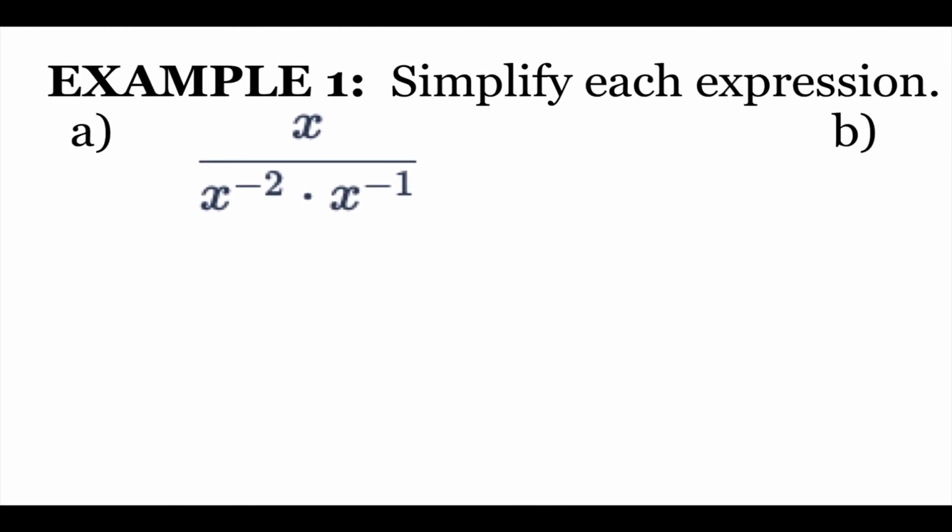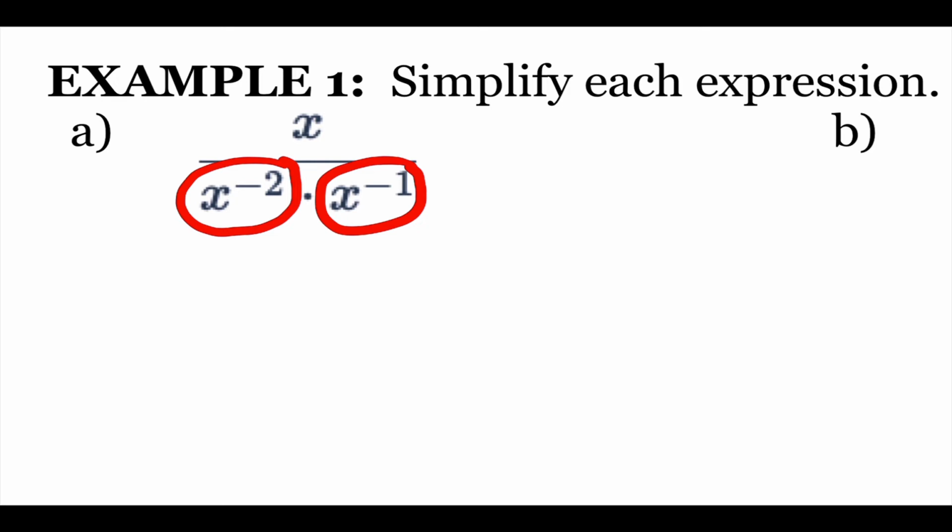Step 1, parentheses. Are there any parentheses here? Nope, skip that step. Step 2, negative or zero exponents. I do have some of those. I got one guy here and I got one guy here, right? So what does my rule on the front say to do with them? Not add them.